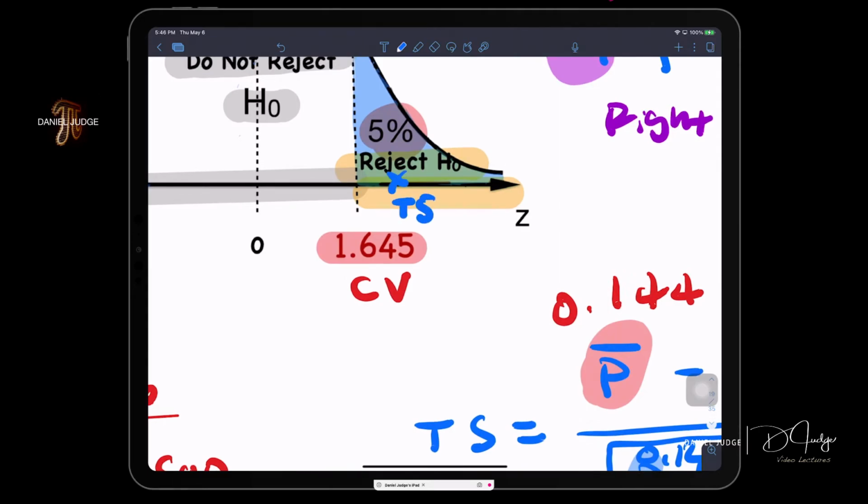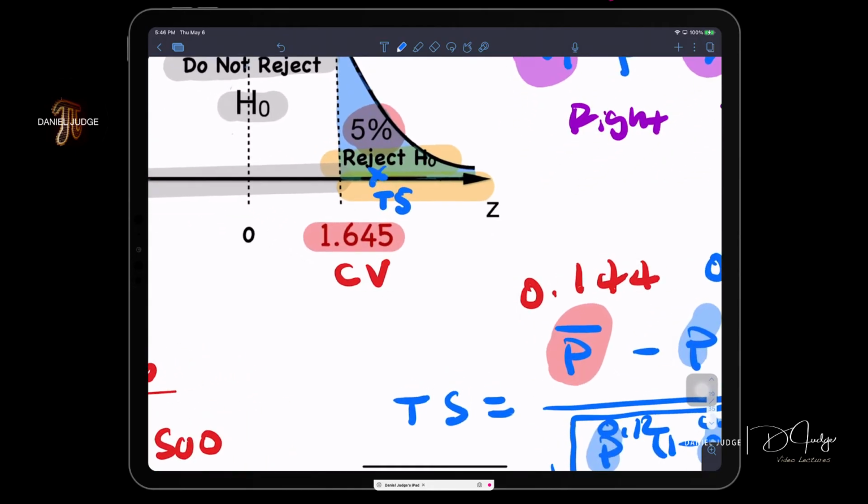It's slightly to the right, ladies and gentlemen, because larger numbers live to the right. So this here is in the reject the null region.